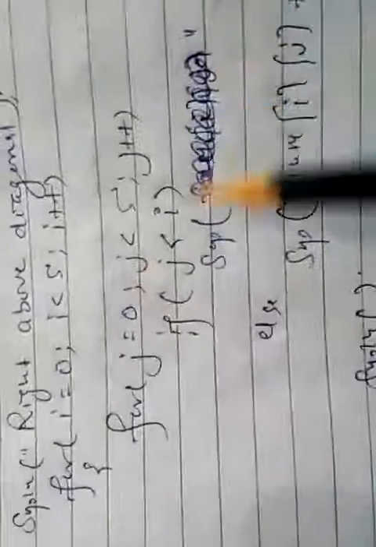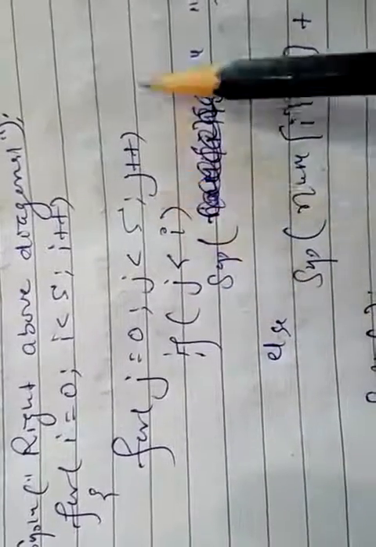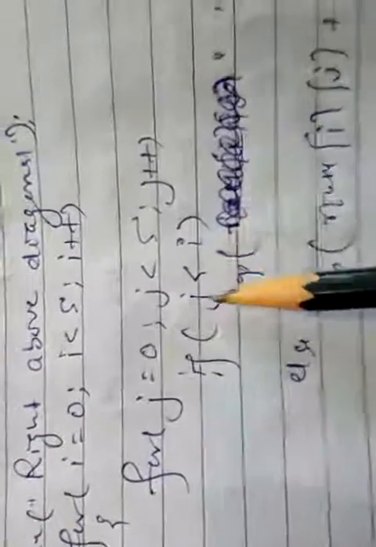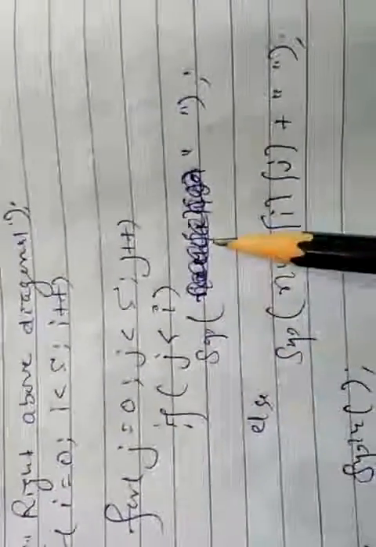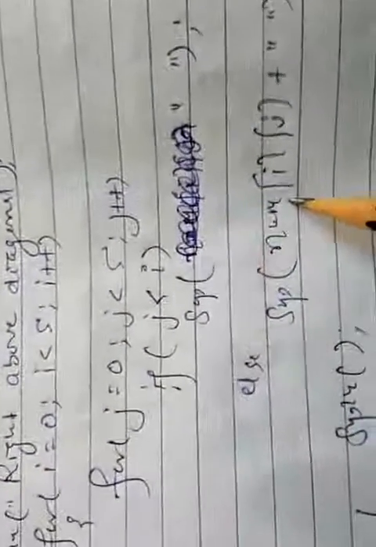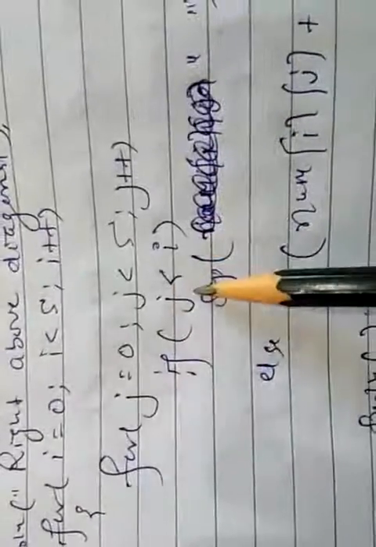Now this is the right above diagonal, so i will start from 0, i is less than 5, j equals 0, j is less than 5, j plus plus. And we are writing in the condition, if j is less than i, then print the spaces, otherwise this will print the value. So in the first case the value of i is 0 and the value of j is 0, so no condition is true.